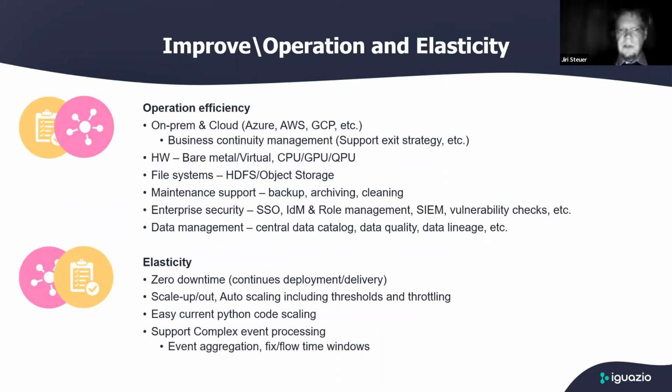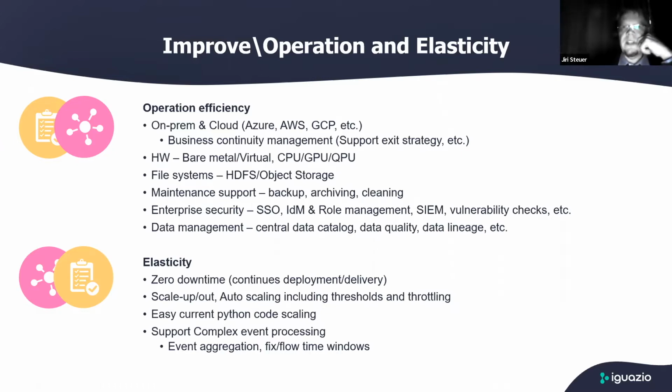The second bundle of improvement is about operation and elasticity. You can see here the impact to the on-prem and cloud environment: Azure, AWS, Google platform, including business continuity management with exit strategy support, and the ability to use different hardware, bare metal, virtual, CPU, GPU, and so on, and support different file systems, HDFS, object storage.